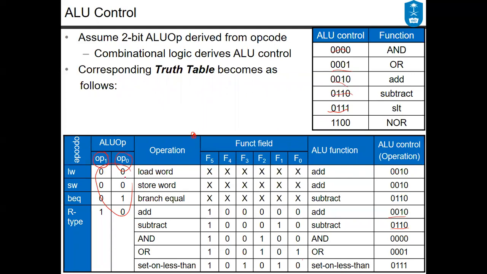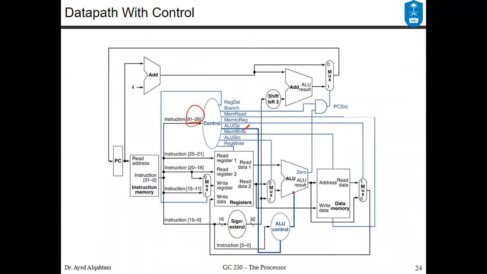Based on those 2, and also the function field, because in the R-type you need also the function field, the distinction between the different functionality of the R-type, it tells you exactly what are the 4 bits that you need to supply to the ALU.